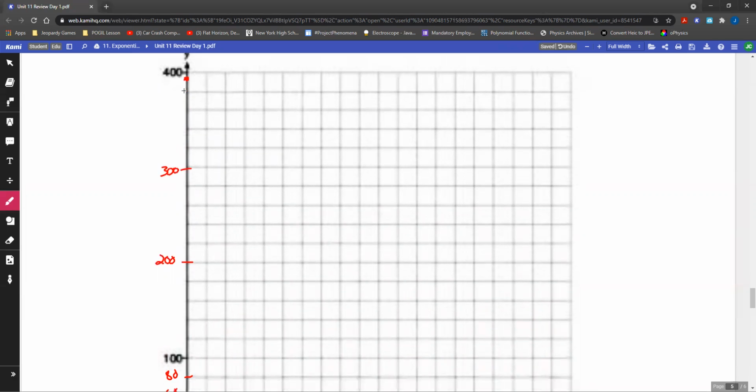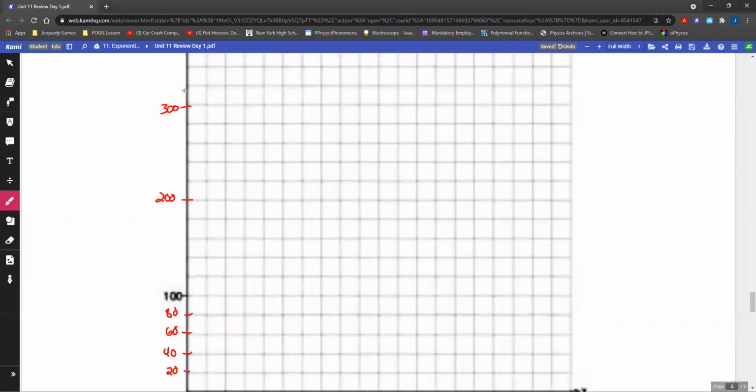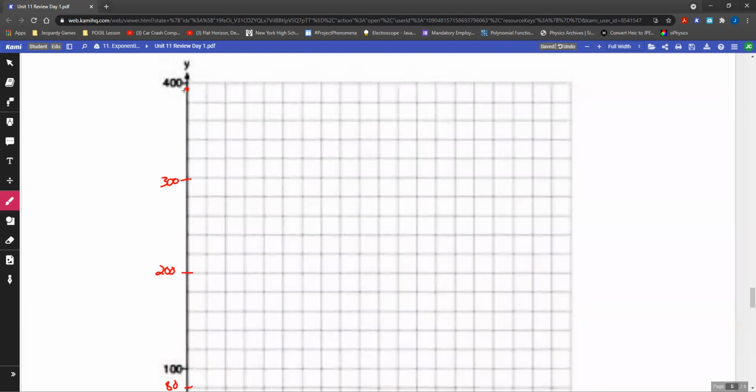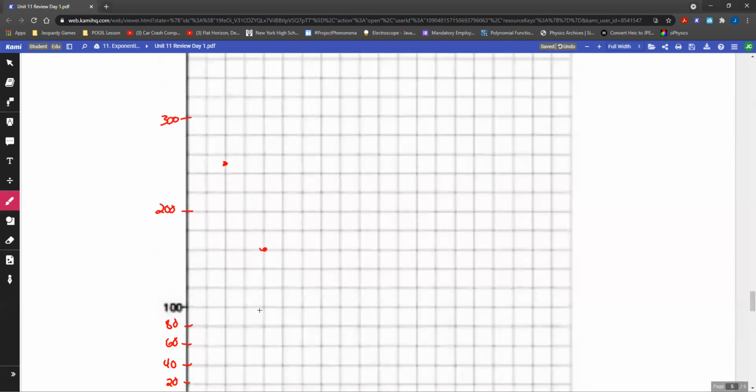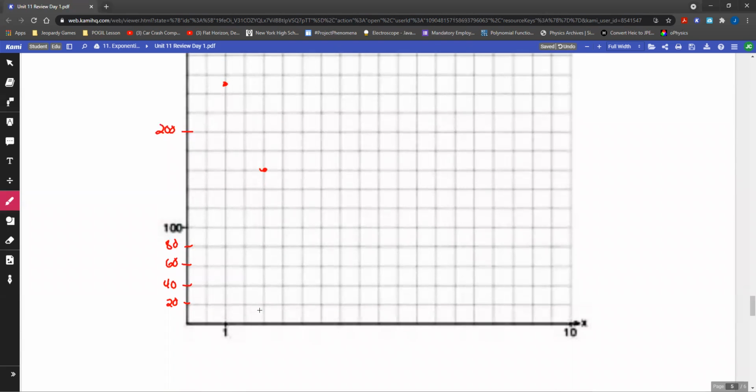At 1, which is every 2 lines, this should go down to 250. So goes down to there. Next one goes down to 160. Three goes down to 100. This goes down to 63.